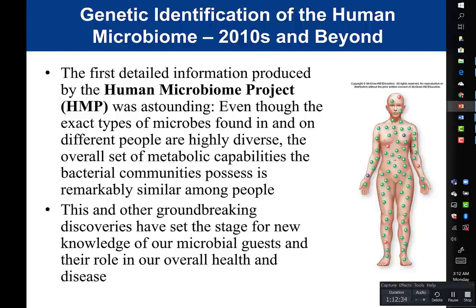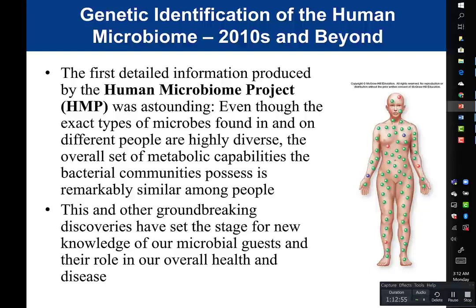So if you compared two people, person A and person B, they might have different bacteria, but those bacteria that are present are doing something very similar for the body.